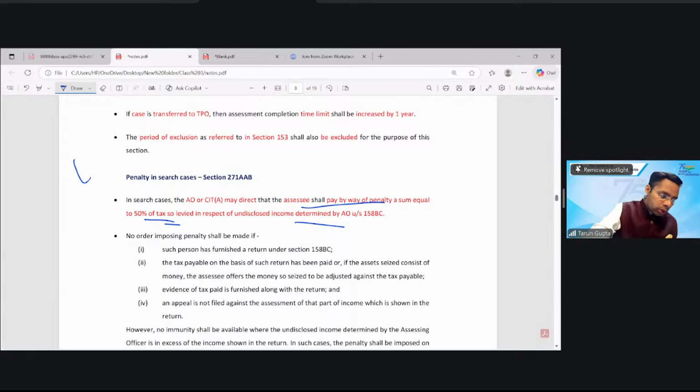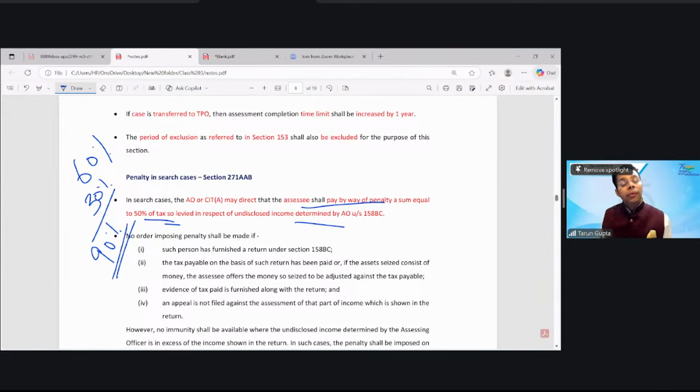So, first there is a tax of 60%, then there is a penalty of 50% of the tax amount, which comes to 30%. So 90% of the income is gone if a search has happened.